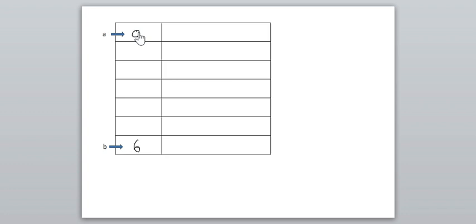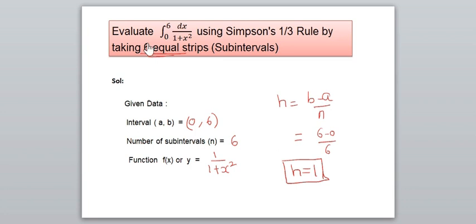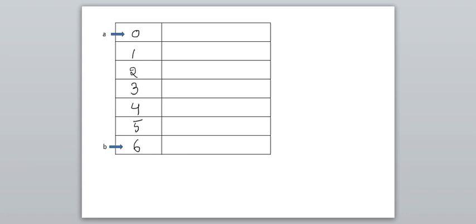So by adding step size 1 to this 0, this comes as 1. Because step size h is 1, again when you add h to this previous point, you will get 2, continuously you get 3, 4 and 5, the last point, which is upper limit of the integral 6, that is the b value 6. Now this is nothing but x.